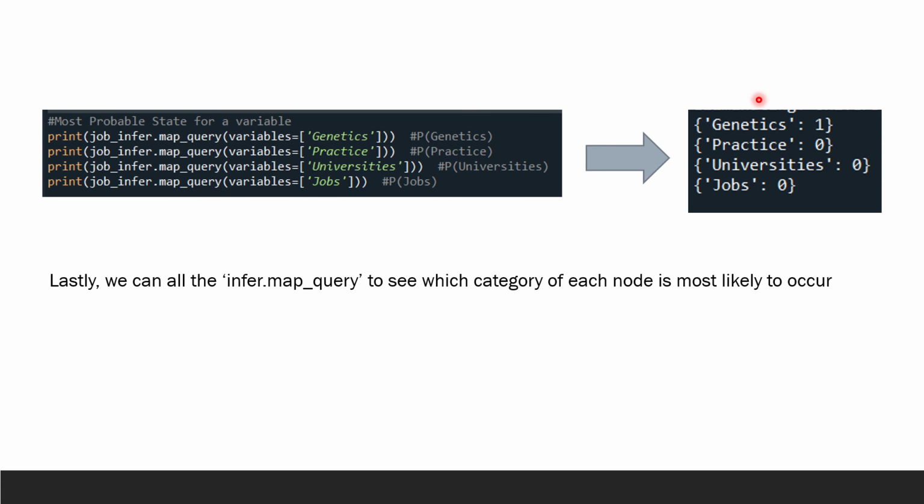So bad luck, born with not good genes, and then they practiced a lot, did good practice, and then they got a bad university, so they don't get any job. Oh, so sad, so bad, so sad and bad.